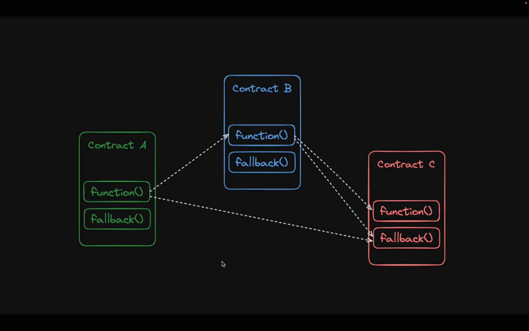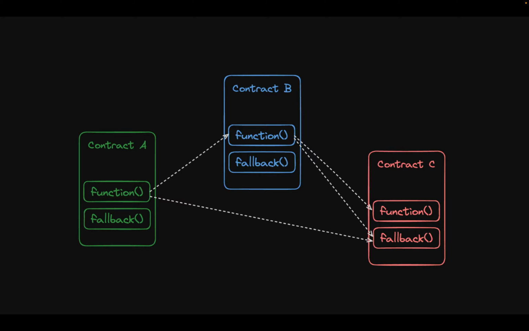Take this example, we have three contracts: contract A, contract B, and contract C. So, if contract A calls contract B to get some data, contract B might call contract C further, or they might make a transfer to contract C, which might trigger the fallback function of contract C. And you don't know what kind of code they're executing because it might not be a trusted smart contract.